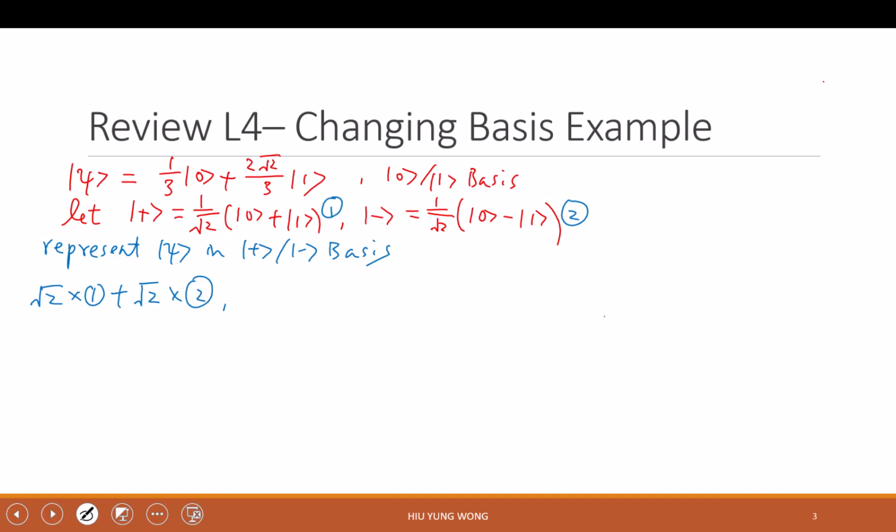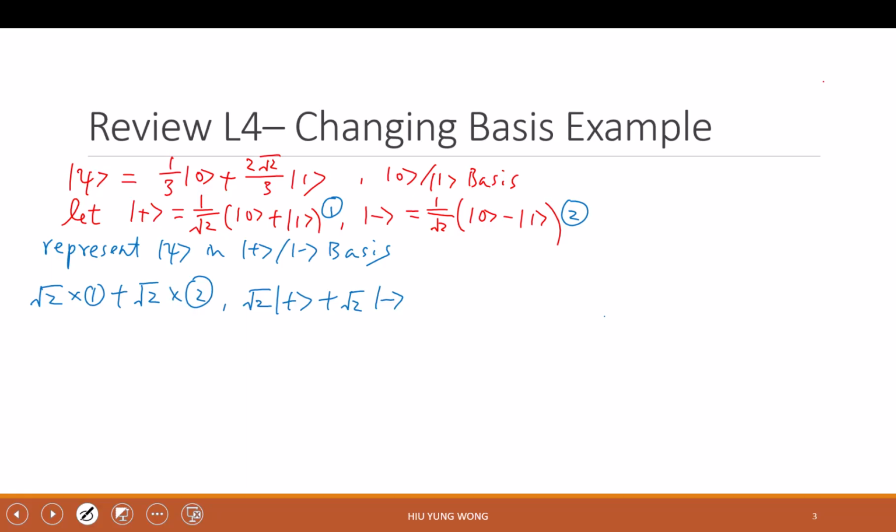So this on the left, right, it is just square root 2 times plus, and then plus square root 2 times minus. Do you see what I'm doing? Square root 2 times plus, and then add square root 2 times minus. Is this okay? And the right-hand side must be equal to this term plus this term, right?